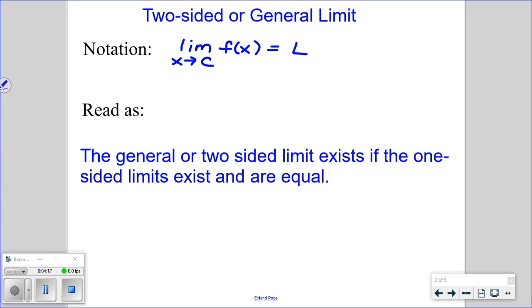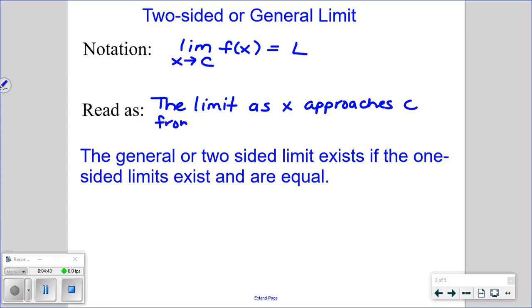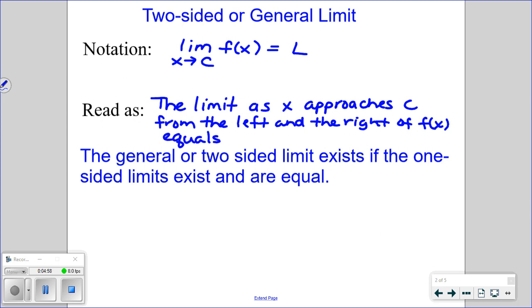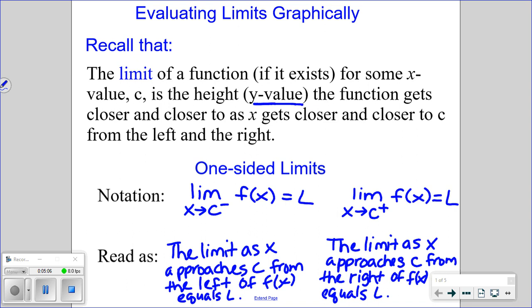Okay, and so again, we would read this as the limit as x approaches c from the left and from the right of f of x equals L. Okay, and remember L is the y value that the function is getting closer and closer to as x gets closer and closer to c.